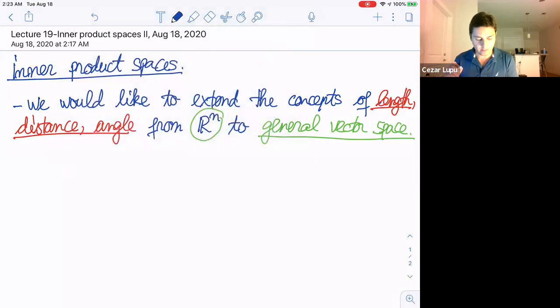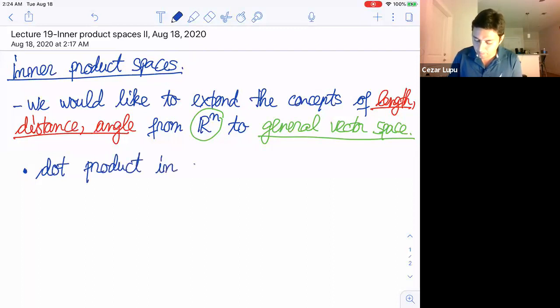Anyway, now let's see the details of this. Like I said, from the previous lecture, you're familiar with the dot product in Rn, called the Euclidean dot product.